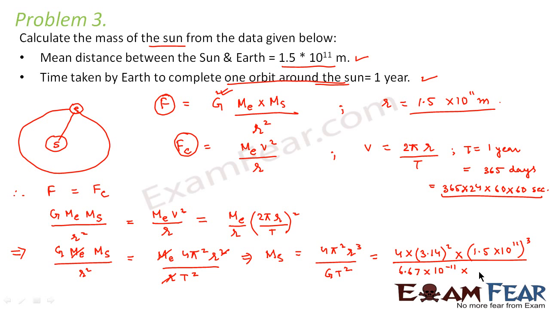What is t? T is equal to 365 into 24 into 60 into 60 whole square. Now calculating this value, we get 2 into 10 to the power 30 kg. So therefore, the mass of the sun is equal to 2 into 10 to the power 30 kgs.